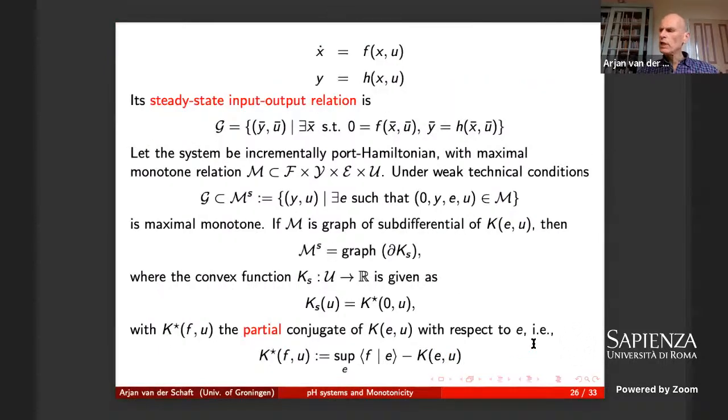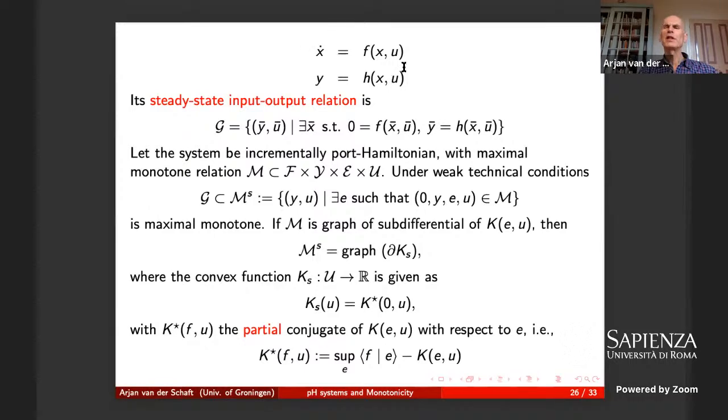Okay, I will go quickly through this. You can use this for steady state analysis. If you consider an arbitrary system like this, then the steady state input-output relation is all the y bar, u bar for which there is a steady state x dot satisfying this.